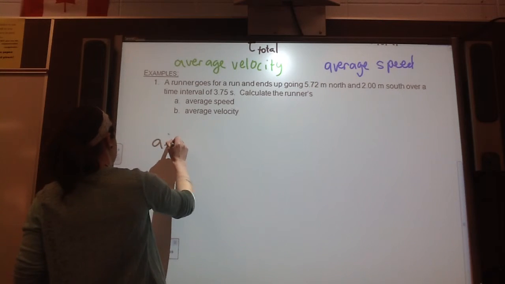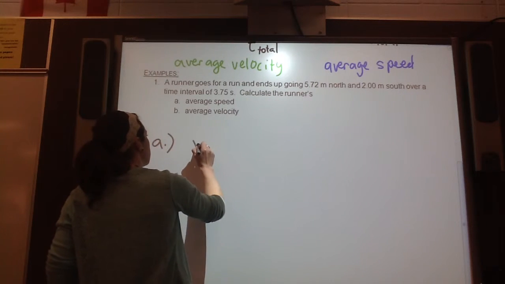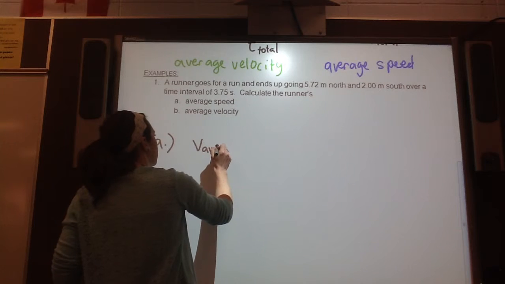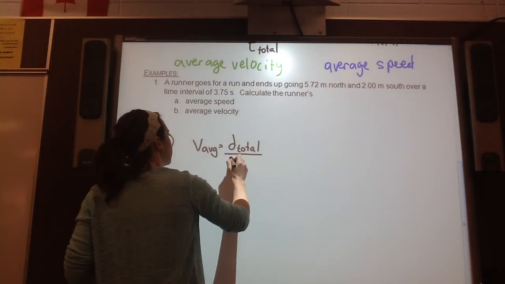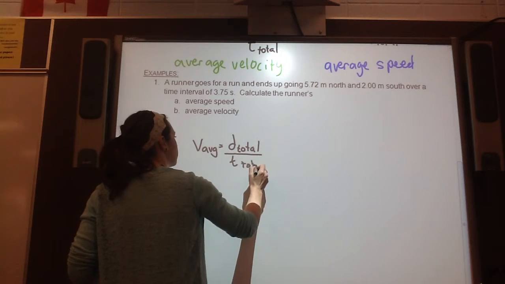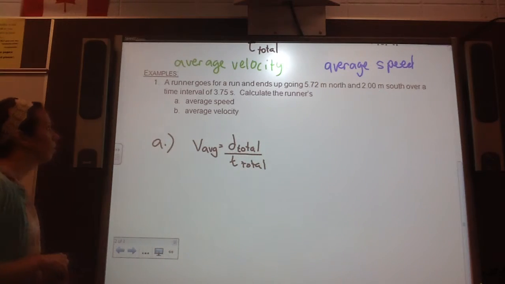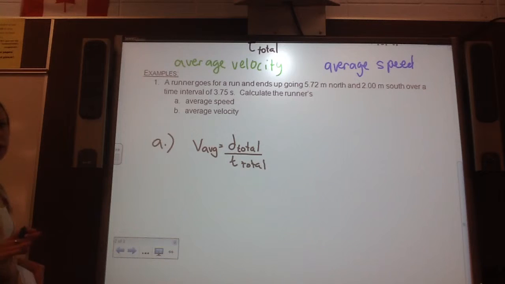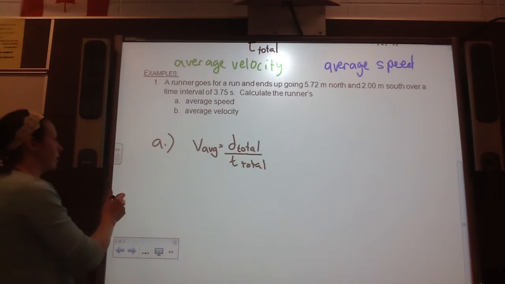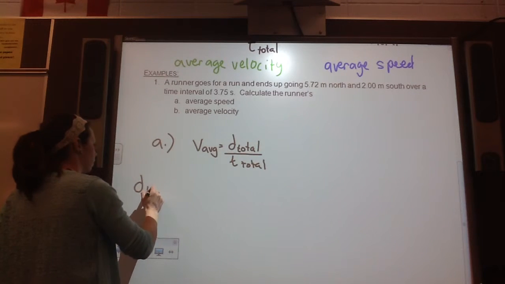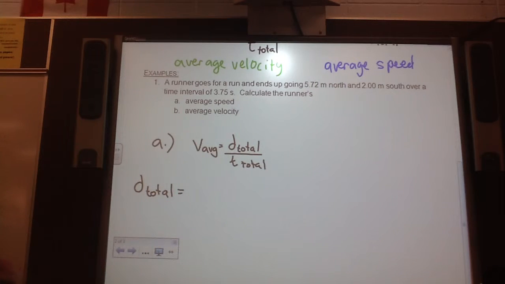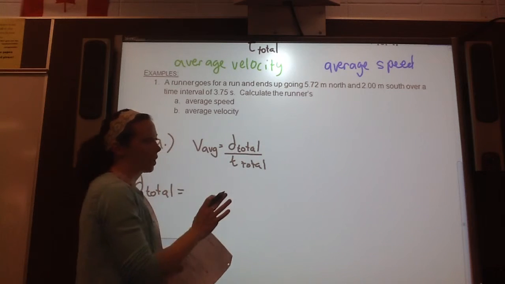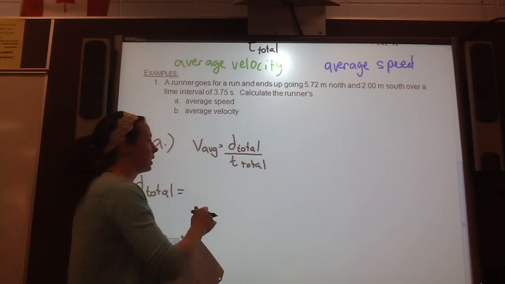So, A, average speed. That's V average equal to D total divided by T total. So I need to find my D total and my T total to even do this. My D total is all of the distance, so I'm not concerned about the direction with my distance.